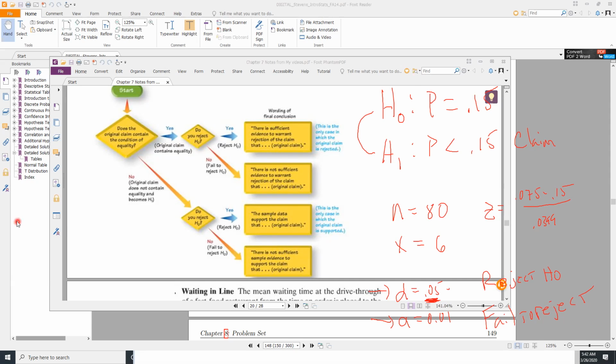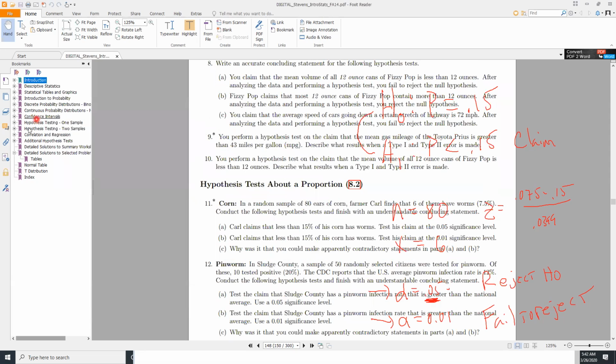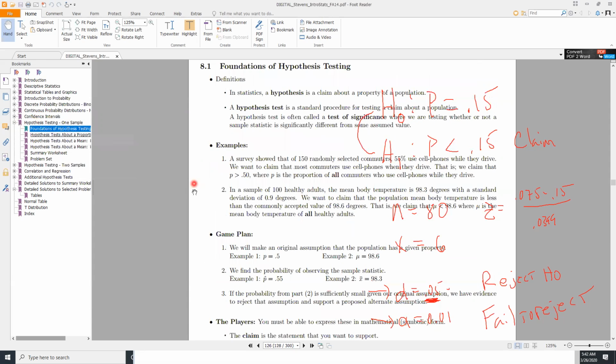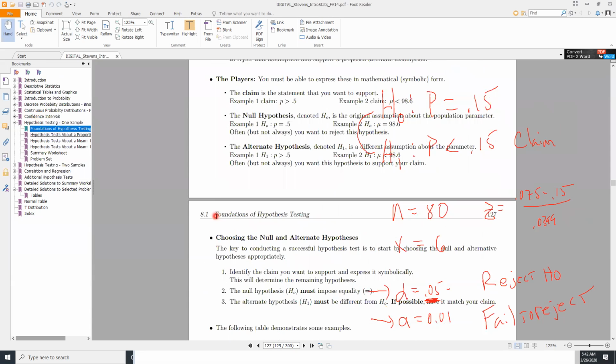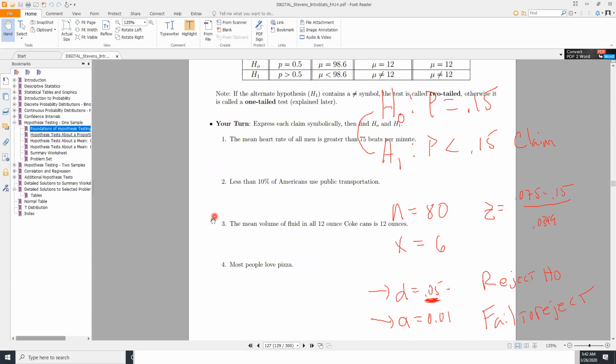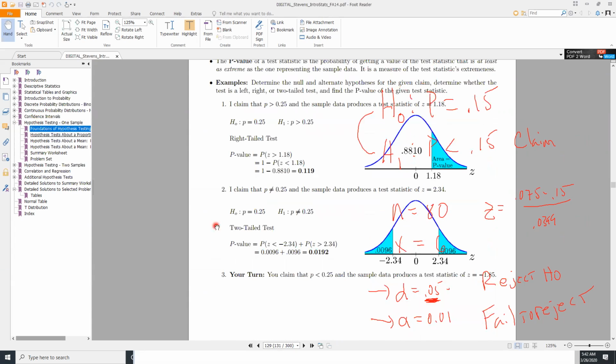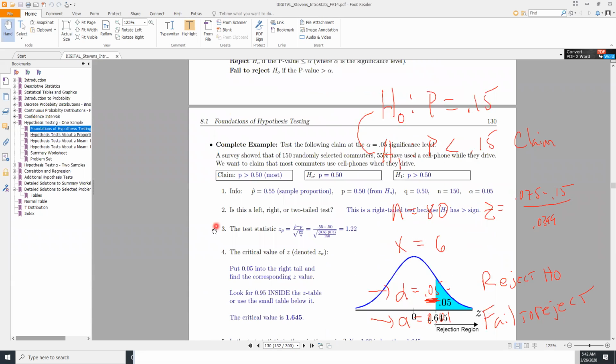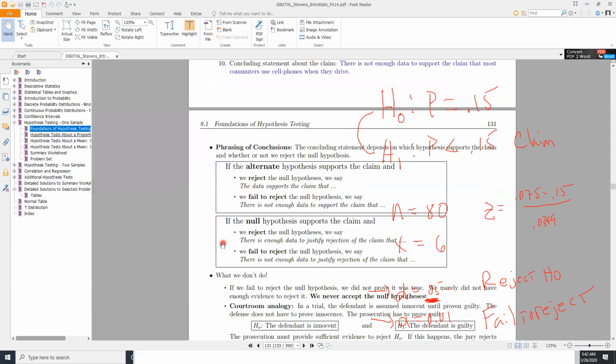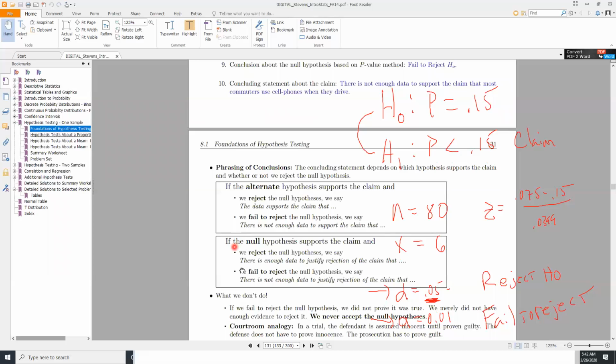Now, Dr. Stevens does this just a little differently. It's not much different. And maybe you like his phrasing better. Let's see, where does he do that? Up here, I think. He does the phrasing. Here you go. Here's what his phrasing says. So he says, if the alternative hypothesis supports a claim, that's what we did.